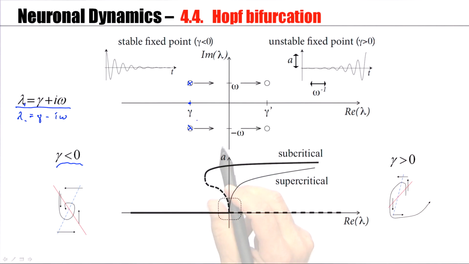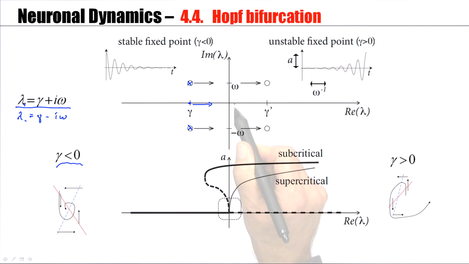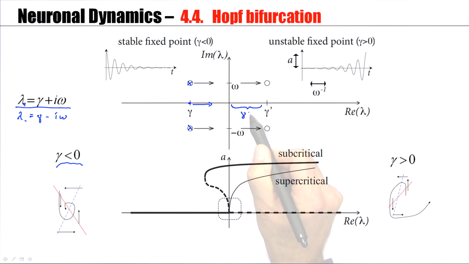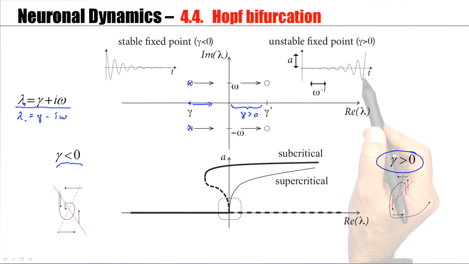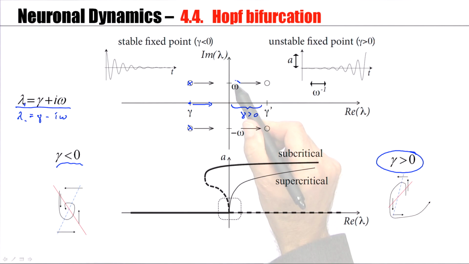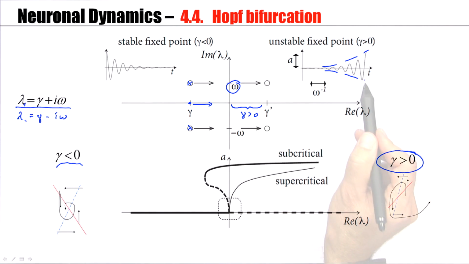If I increase the constant external current, the real part increases, which means the eigenvalues move in the complex plane, and at some point they pass zero. And suddenly we have here a positive real part, gamma larger than zero. In this case, any small perturbation will blow up. We have the oscillatory component corresponding to the imaginary part, omega, and we have a blow-up of the envelope, which corresponds to the real part of the eigenvalue, gamma.